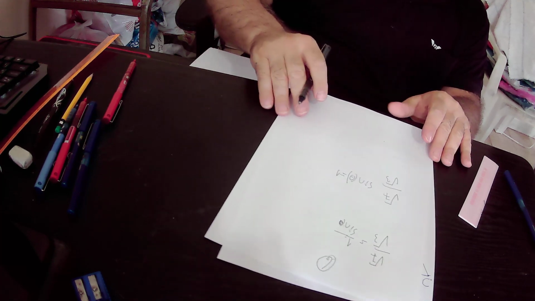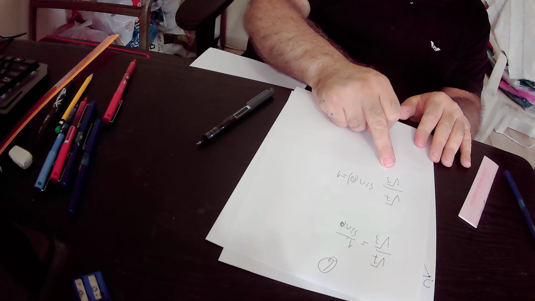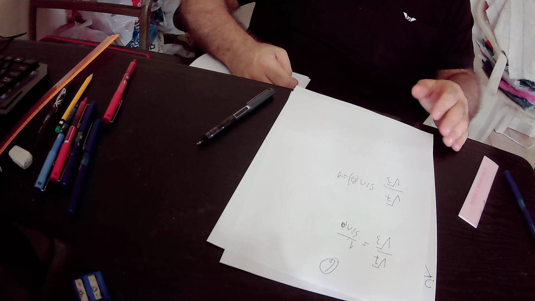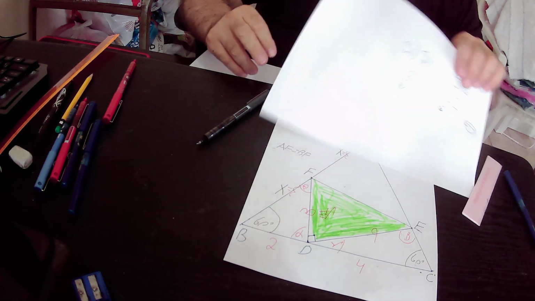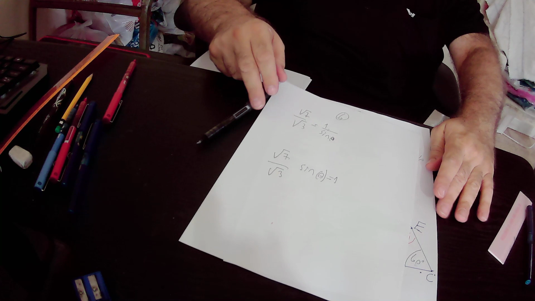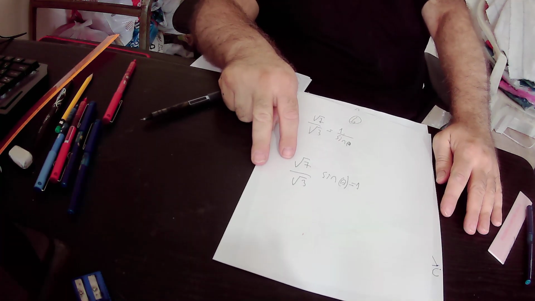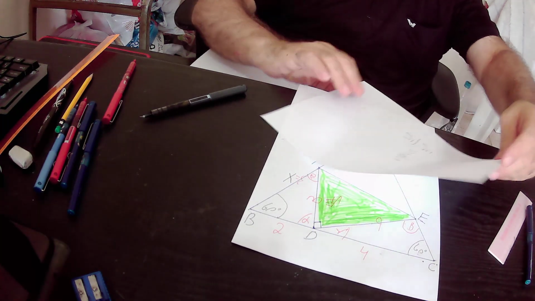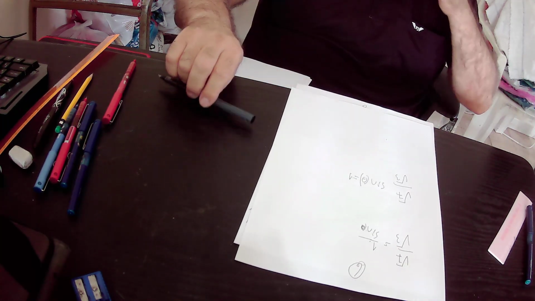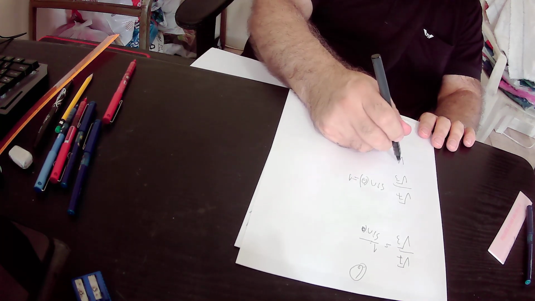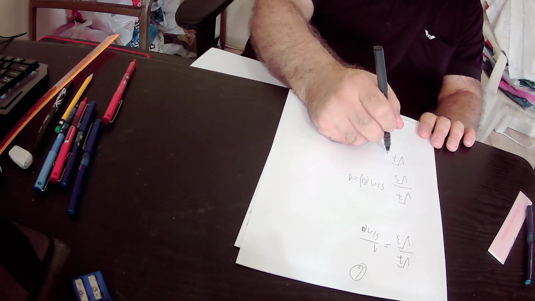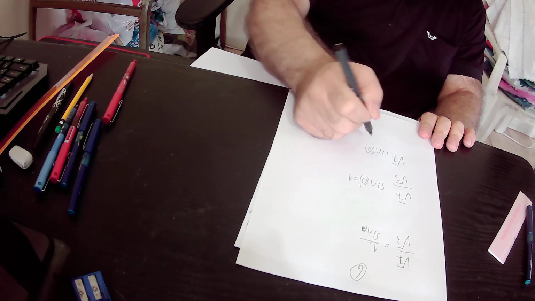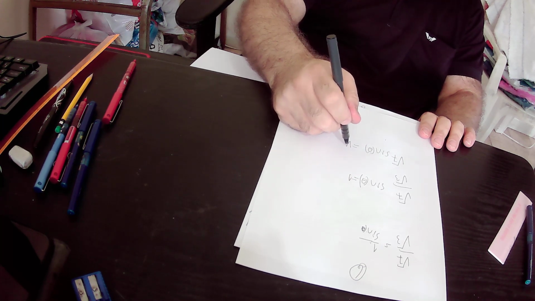So we actually got that root 7 over root 3 times sinus theta equals 1. Here we will multiply the equality by root 3, and we will get that root 7 times sinus theta equals root 3.